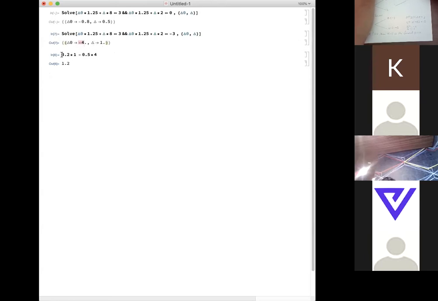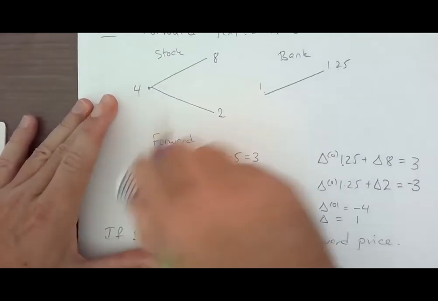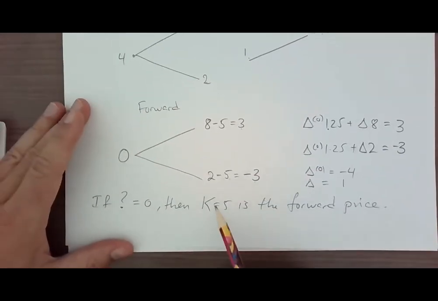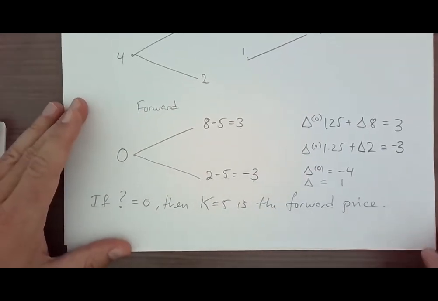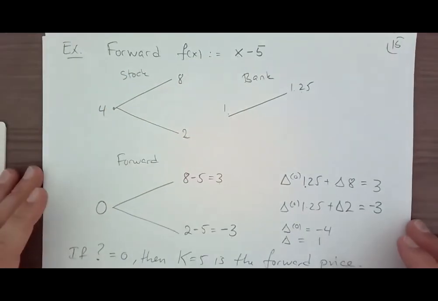This is minus 4 times 1 plus 1 times 4. This is a 0, it's the forward price. This here will give me a 0. Therefore, that particular strike is the forward price. The forward price of this in this model here is 5.